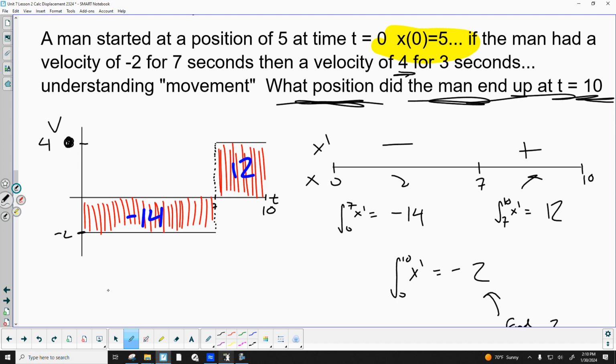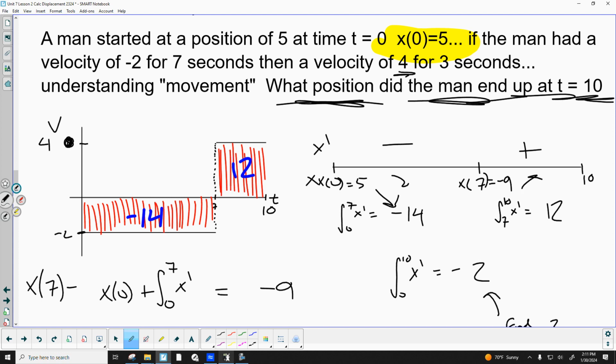I add my total change. I accumulate my derivative to figure out how far I went in what direction from 0 to 7, and boom, I start at a position of 5. I subtract 14, I get a position of negative 9. Negative 9 is my position at 7.